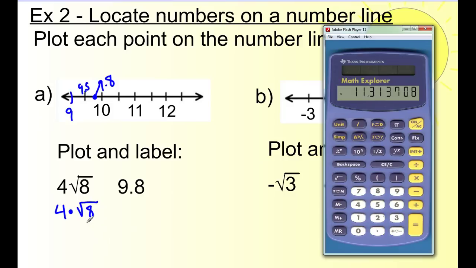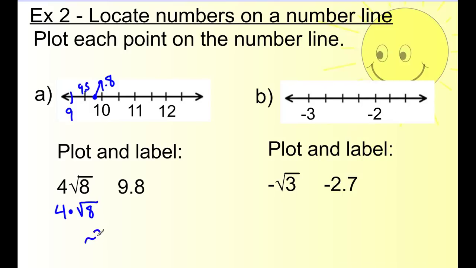Okay? Another way we could have done this, and it would have been a little bit less accurate, is we could have estimated, we could have rounded this. The square root of 8 is almost 3, because you've got square root of 9 and square root of 4.